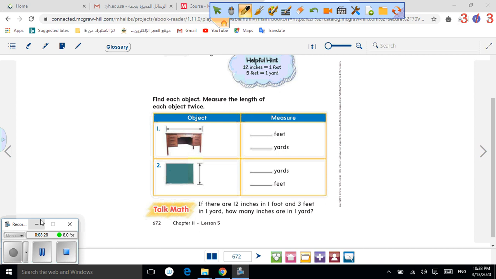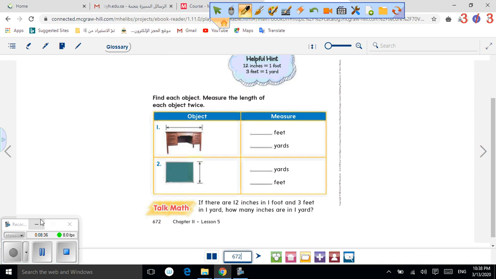I found that this office is about 9 feet, and this board is about 2 yards. Yes, exactly, this space is for you now.